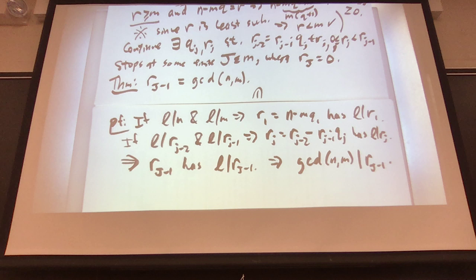And now we induct this back up. Follow the induction and iterate this back up. Follow backwards. So all of these Rj have Rj minus 1 as a divisor.